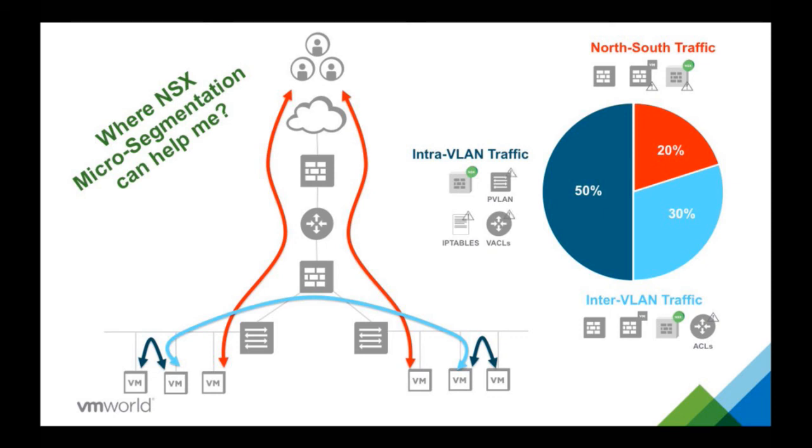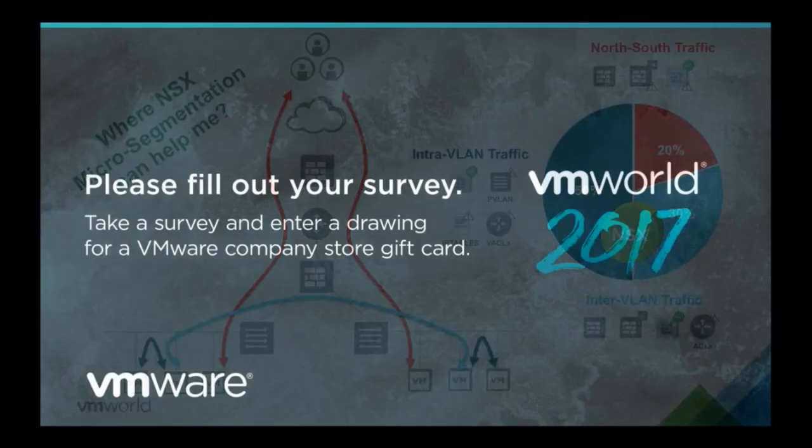Those are really difficult to operate. That's why NSX has a good position to help with security. So to summarize, for 80% of the traffic, NSX can step in and provide great security protection for your entire data center. So this is it.